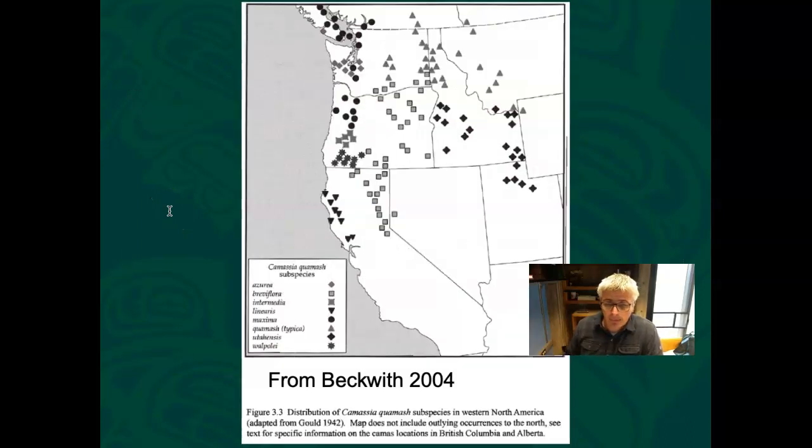And for Quamash, there's a number of subspecies as well if you want to start getting a little bit more into the weeds with it. And so up here we have mostly the maxima subspecies of Quamash, or the camas.